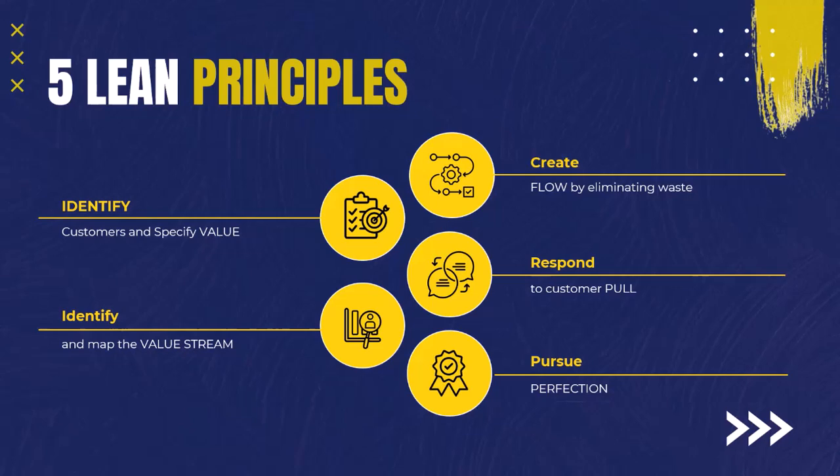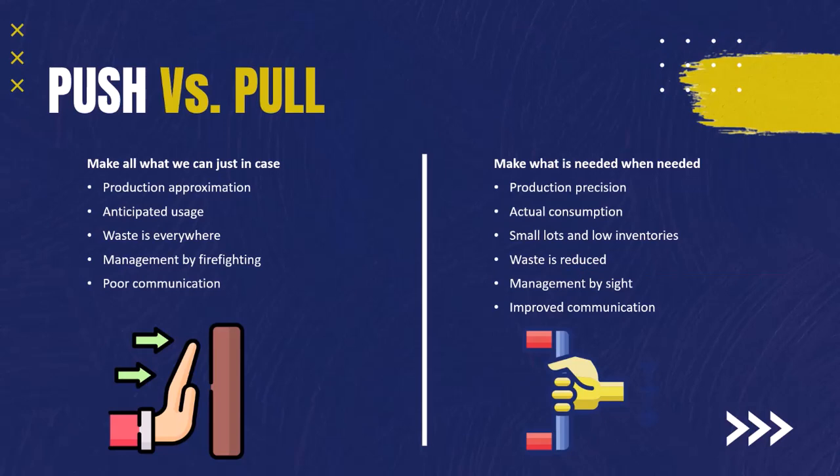So we said that lean aims at responding to customers' pull. So what do we mean by pull, and what is the difference between pull and push approaches? Push and pull are 2 different approaches. Push is defined by production approximation, anticipated usage, wastes everywhere, poor communication, and management by firefighting, which is an expression that indicates that management is always reactive to the action and not proactive, while pull is defined by production precision, actual consumption, reduction of waste, improved communication, and management by sight.